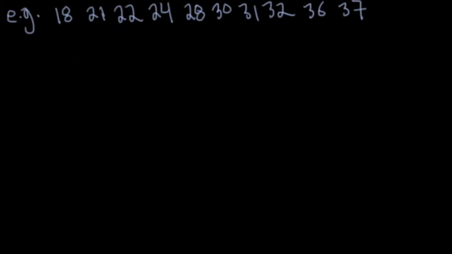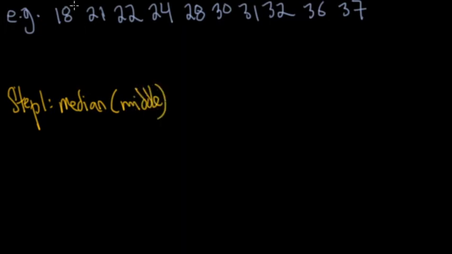So step one is we want to find the median, which is the middle number. If you've seen my other videos, you know how I do it. I start on the edges, and I keep doing this until I get to the middle. That way you don't make any mistakes. And you have two numbers here, so you have to find the average.